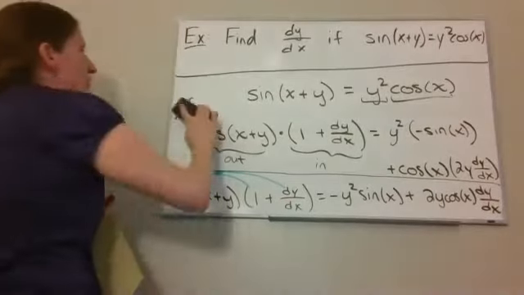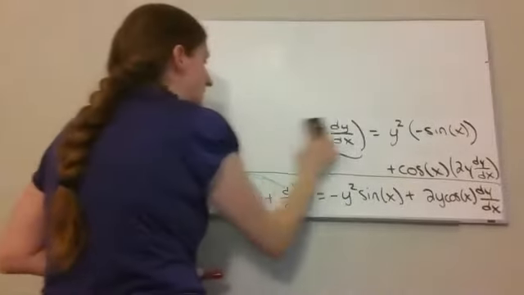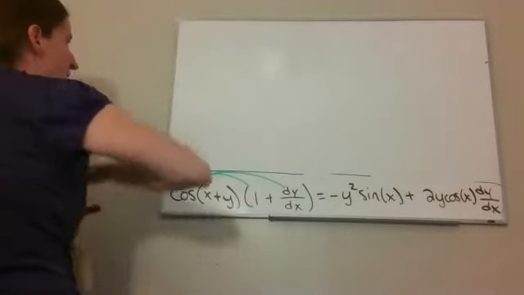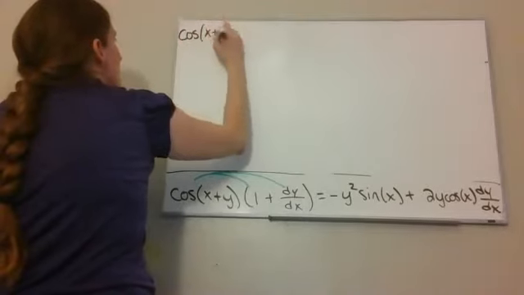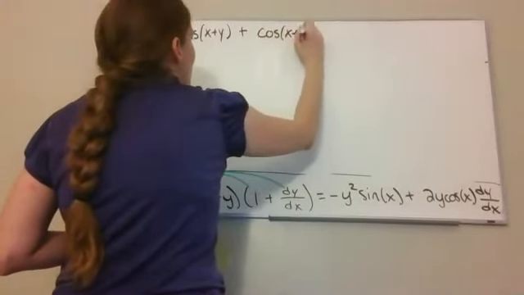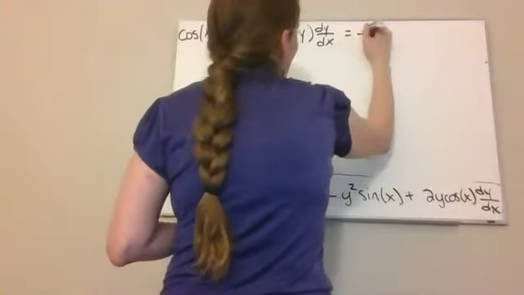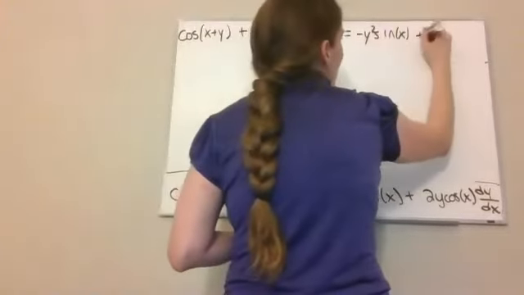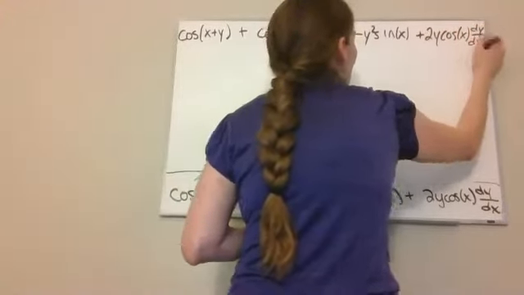And when I distribute, what we get is cosine of (x plus y) plus cosine of (x plus y) times dy/dx equals negative y squared sine of x plus 2y cosine x dy/dx.